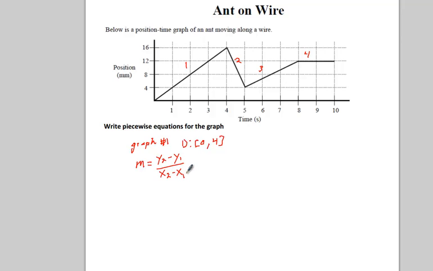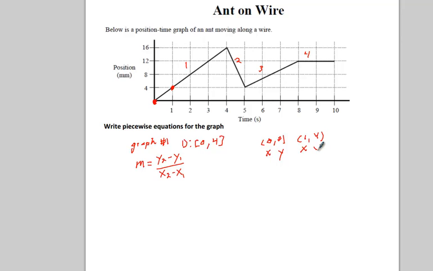Here we go. The 2 points that I'm going to pick are probably the 2 easiest ones that I can think of. The first one being 0, 0, and then the second one, let's use some smaller numbers. Let's use 1 and 4, okay? Remember that the first letter is always x, and the second one is y.